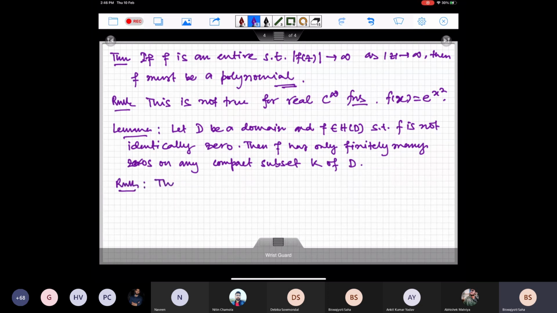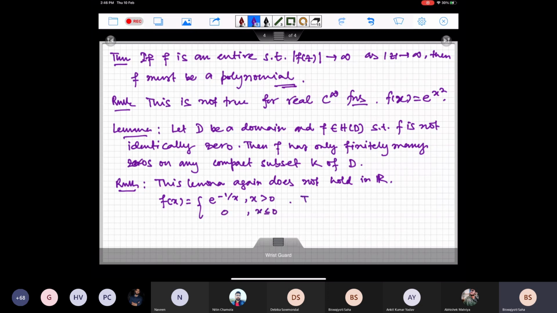is that this lemma again does not hold in R. If I think of some open set and even C infinity functions on R, then also this is not true. The example is the same good old example: if you take f(x) equal to e to the power minus 1 over x for x positive and 0 for x less than or equal to 0.